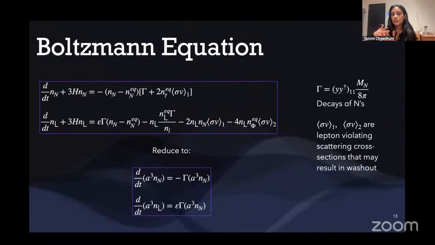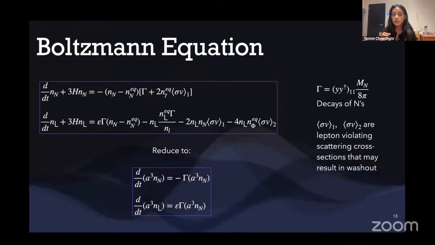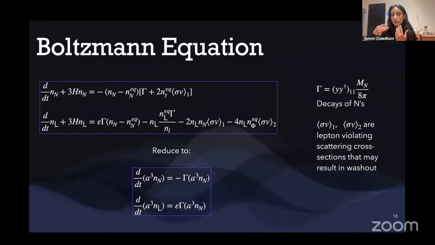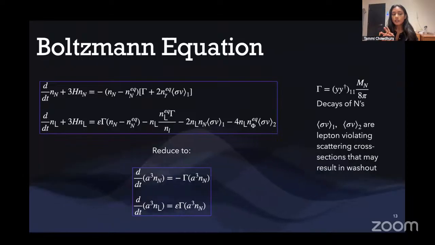Now an important thing for tracking the number densities, or the evolution of our right-handed neutrinos, as well as the subsequent lepton asymmetry denoted by this capital L, is using the Boltzmann equation. In the first equation, we track the right-handed neutrinos, where gamma is the decay rate and sigma v sub 1 and 2 are the cross sections of scattering interactions.